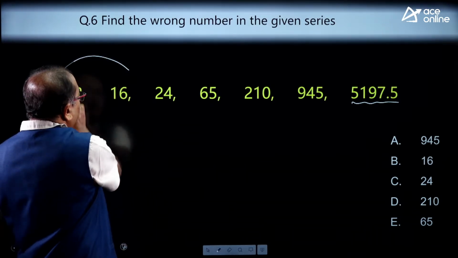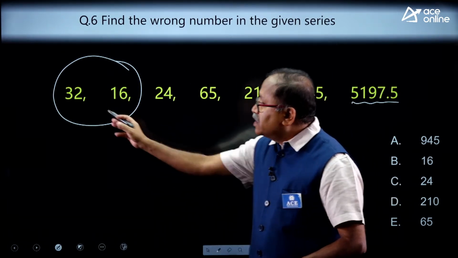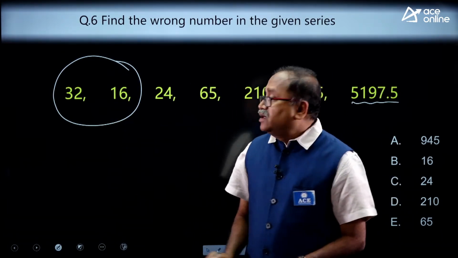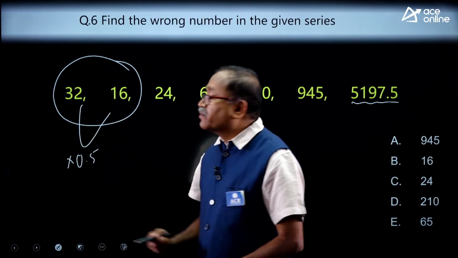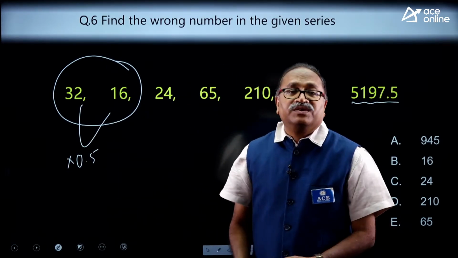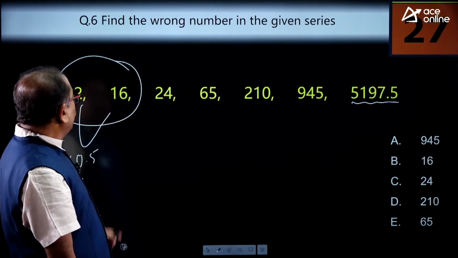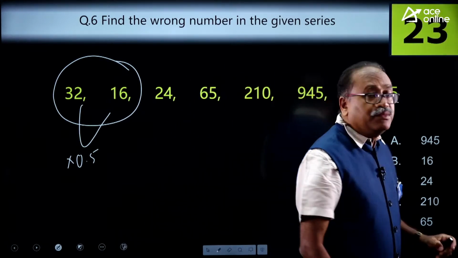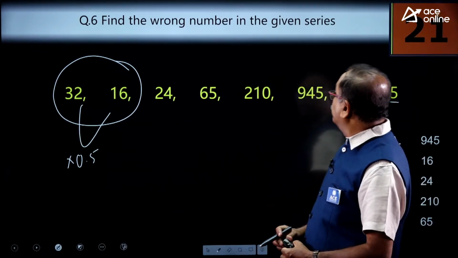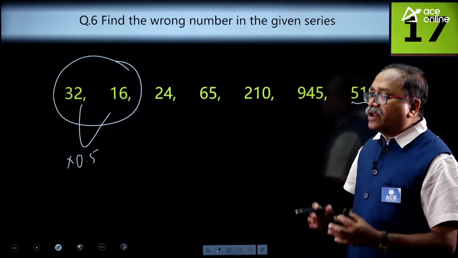And one more very weak area, that is 32 and 16. Is it not? We have seen questions like into 0.5. Yes, my friends, your time starts now. Come on, answer the question. That is 32, 16, 24, 65, and so on and so forth. Let me see how many of you can answer this question.